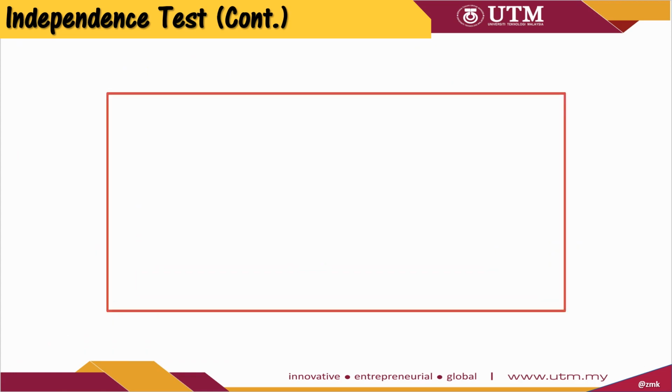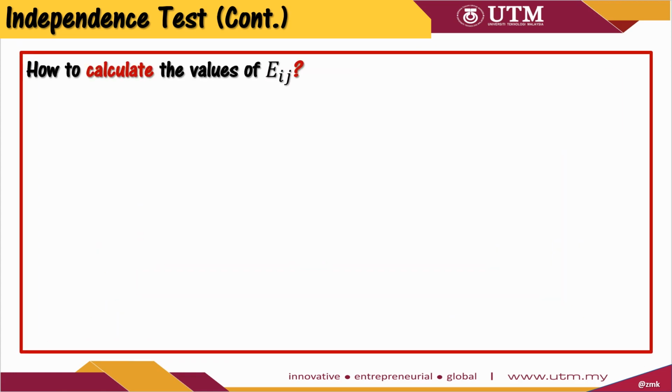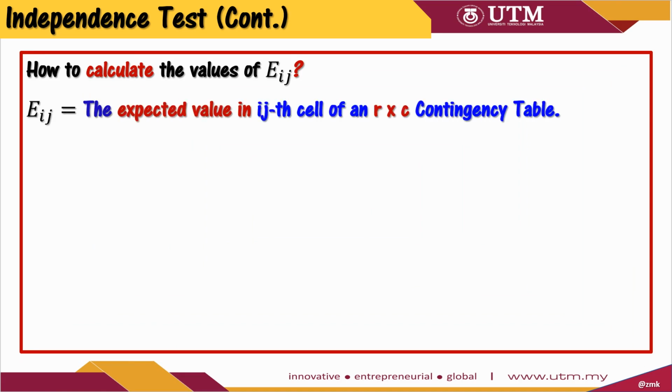How to calculate the expected values Eij in an independence test? Recall that Eij is the expected value of the ijth cell of an R by C contingency table. By definition, the expected value is the total frequency or the sample size n multiplied by a probability value p.